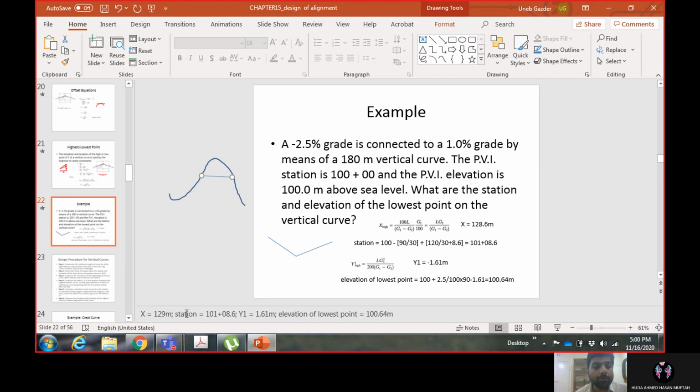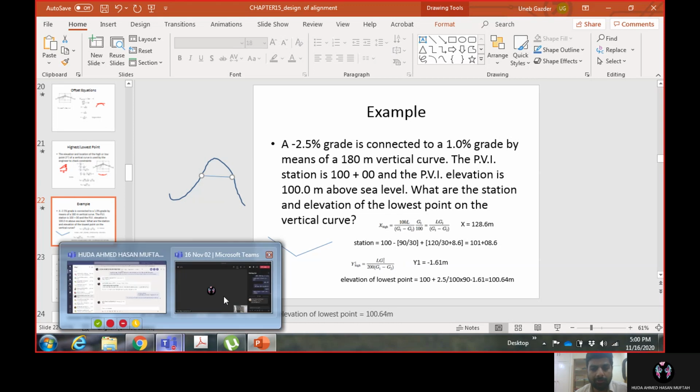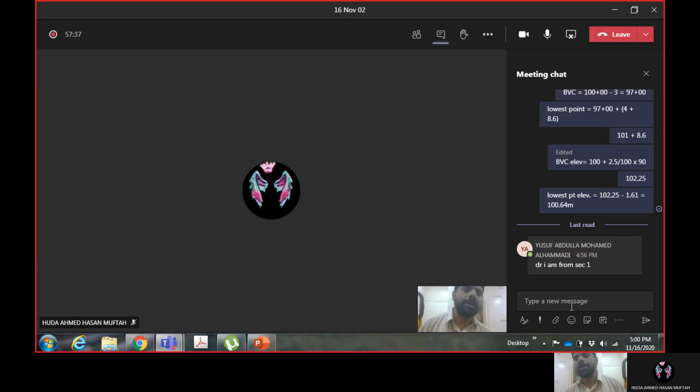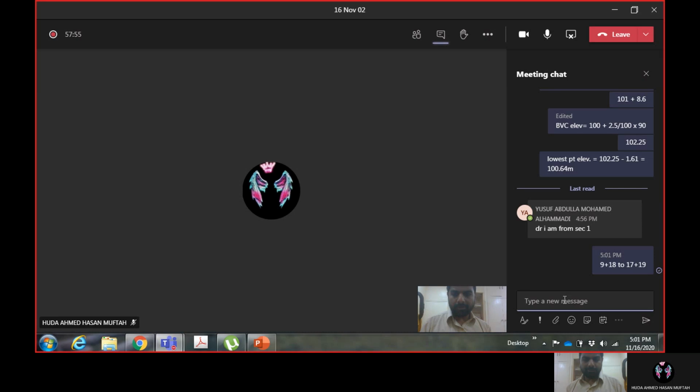Okay, if you want to do it by calculation, the two points between which you are finding the free haul were 9 plus 18, I think, and the other one was 17 plus 19, right? These are two points, right?